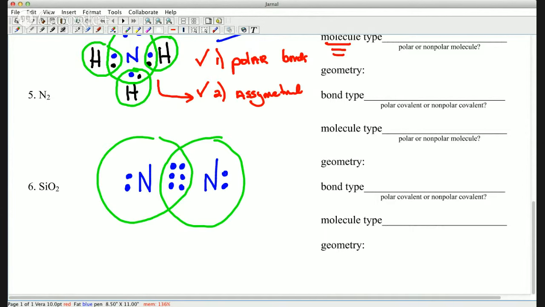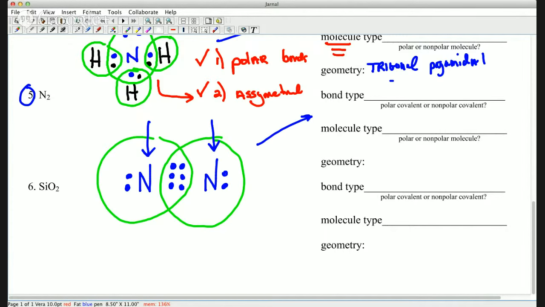So the first question I have for you is, what kind of bond do we have? Oh, by the way, the geometry of the one we just did was trigonal pyramidal. And if you said triangle, pyramid, I accept that. So number 5, bond type. Same nonmetals with the same electronegativities would be sharing equally.